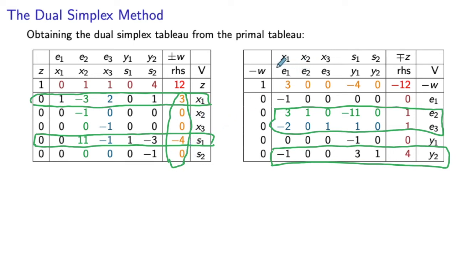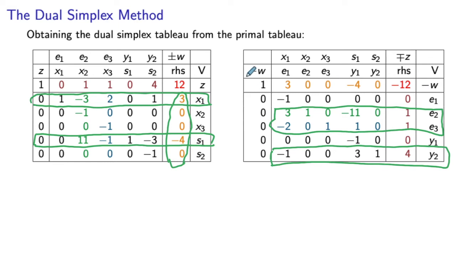Similarly, we add the row describing the correspondence to the dual variables of the primal variables on top of the dual simplex tableau, and here we also have negative plus z, because the right hand sides correspond to the coefficients in the objective for z, which is plus z, and then the objective value corresponds to negative z, so that's why we have negative on top here.